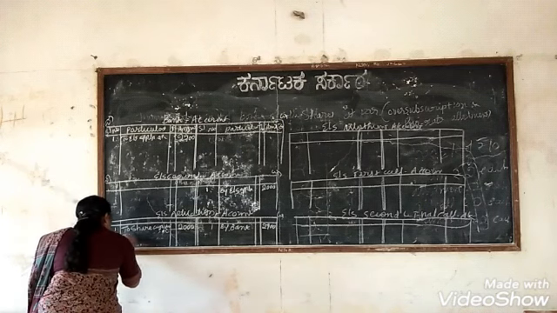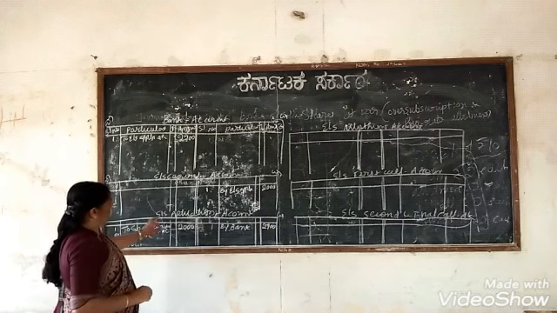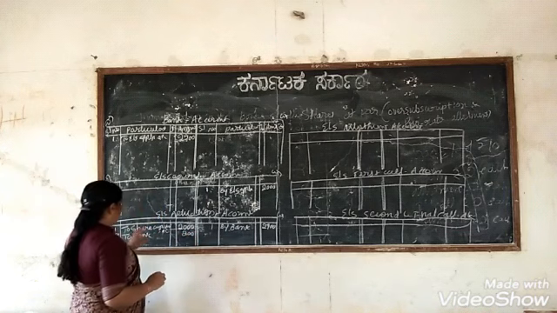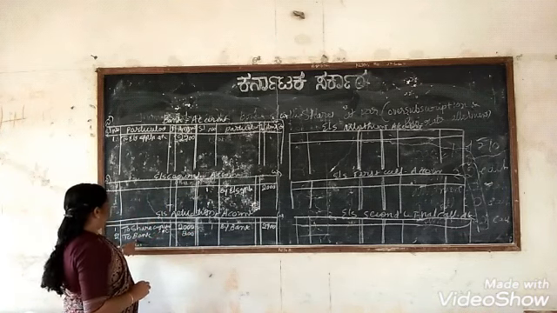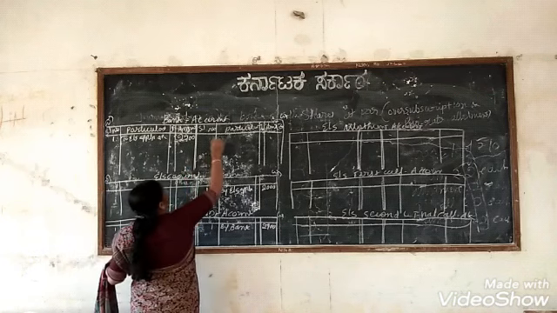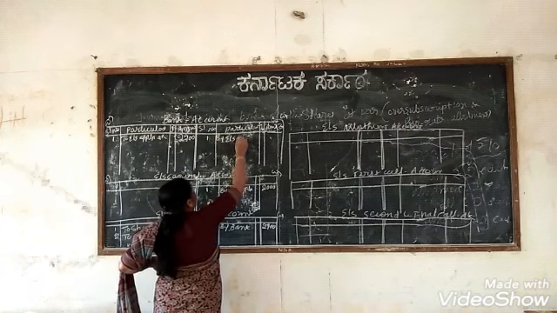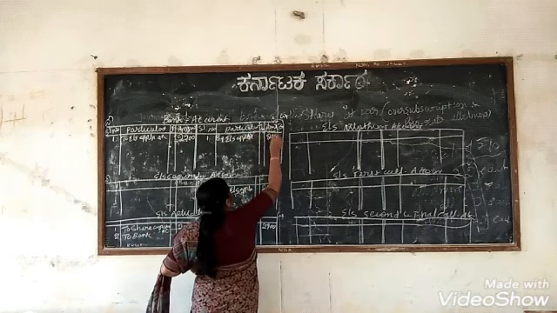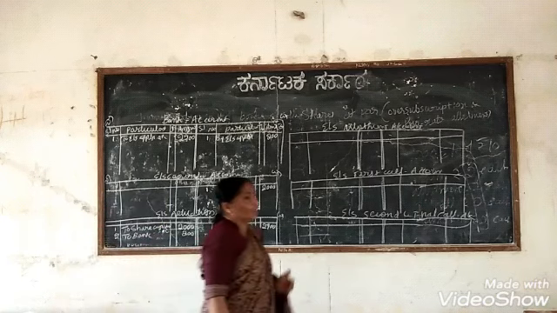You will write there to bank account, the credit side. Equity share application account debtor to bank account, 200. Here you write by equity share application account, 200 returned.